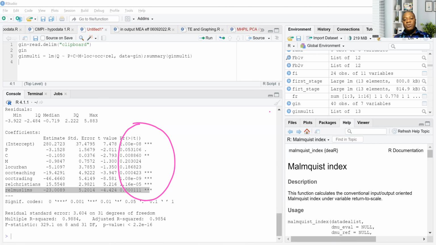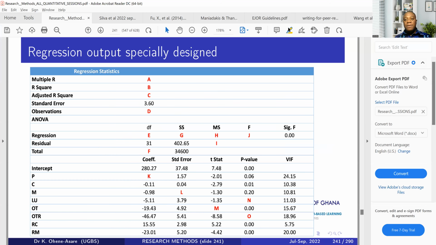So how do you get the VIF? Where do you see the VIF? Now, I'm just quickly going to show you a table where I have calculated the VIF. Then you can check. So look here. If you look at this last column, it's the same things, just that I've calculated the VIF of each variable.